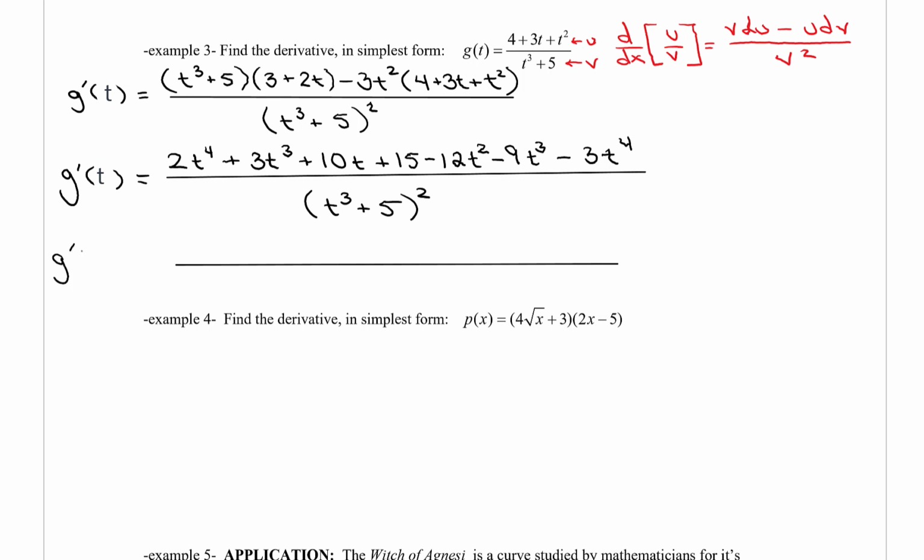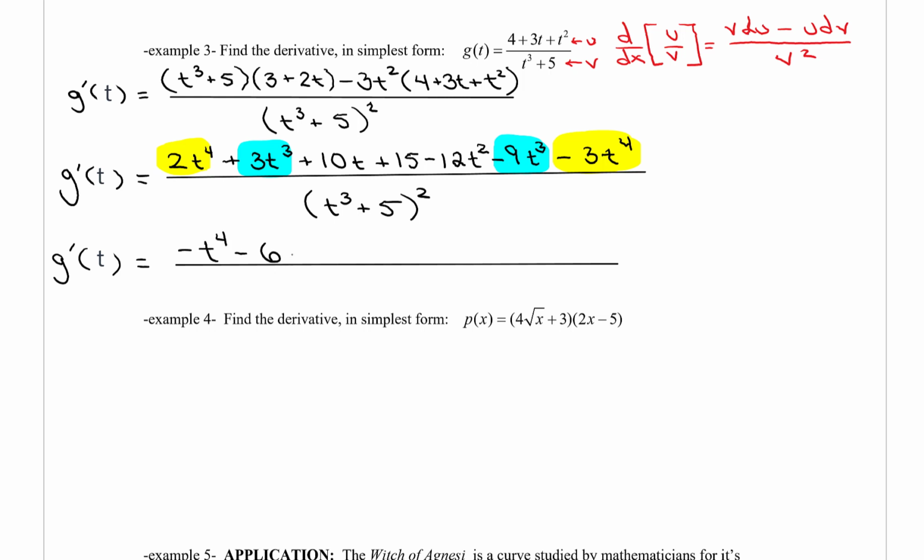So this is going to give me g prime of t is equal to, I've highlighted in yellow my terms that have t raised to the fourth power. So I highlighted in yellow the 2t raised to the fourth power minus the 3t raised to the fourth power. And I've highlighted in blue the 3t raised to the third power and the minus 9t raised to the third power.